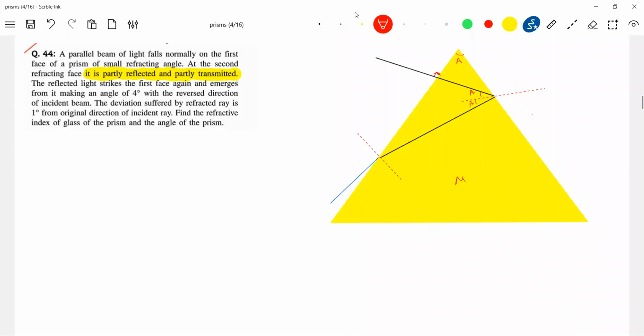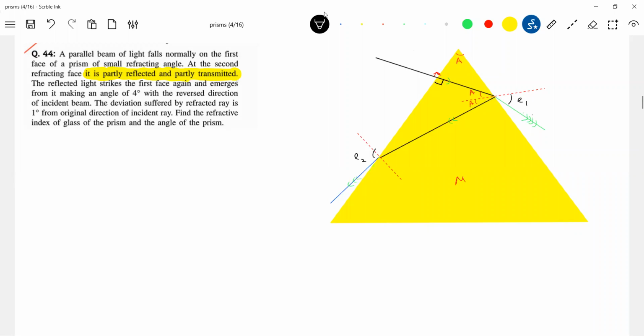Angle of incidence should be equal to angle of reflection. And a part of the ray will be transmitted. The transmitted ray moves from denser to rarer. Take it like this: this is the emergent angle E1, this is E2.